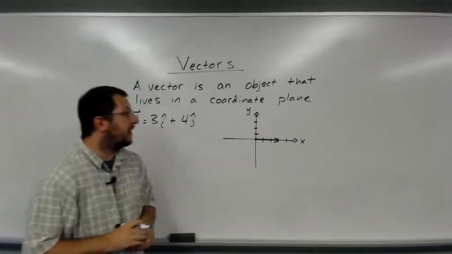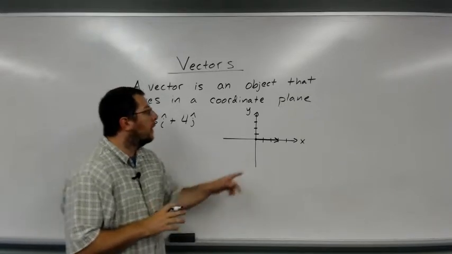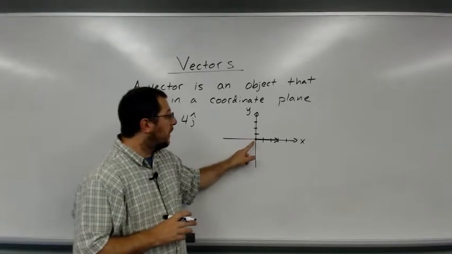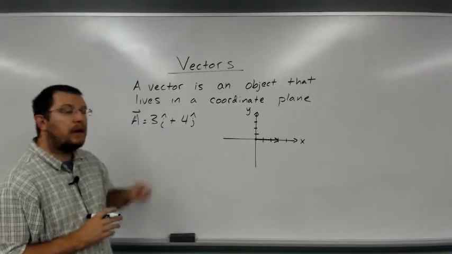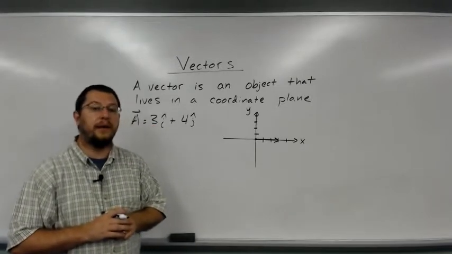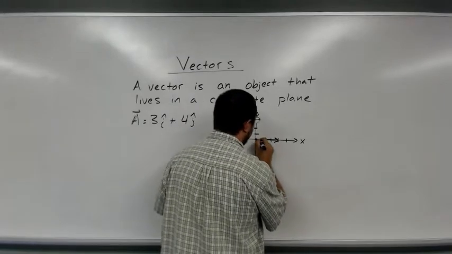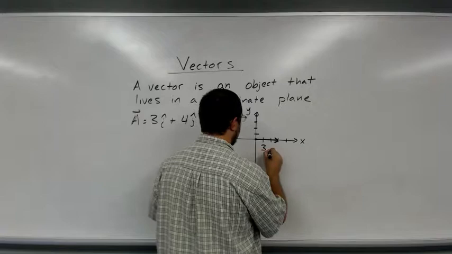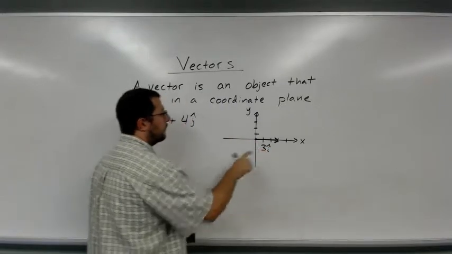Now, a vector, okay, has a tip and a tail. Okay? So the tail is the part that starts at the origin, and the tip is the unit that we specify. Okay? Its actual coordinate. So this arrow represents 3 i hat. 3 units in the x direction. Okay?